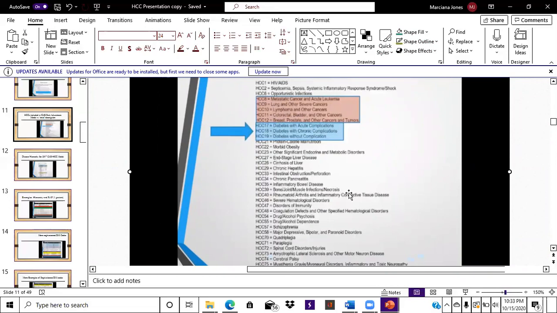And 12 is breast, prostate, and other cancers and tumors. So for cancers 8 through 12, 8 would trump 9, which would trump 10, 10 would trump 11, and so forth, the lowest category. Same thing here: 17 will override 18, and 18 will override 19.